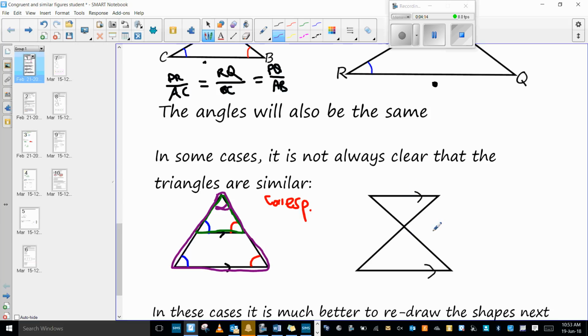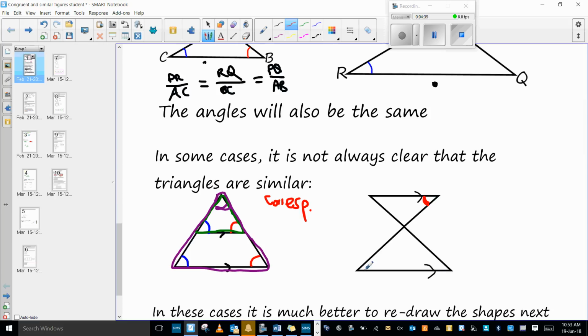People often make a mistake when they're doing these ones because whilst they think, oh yeah, they're similar, they forget which angles are the same as each other. So if I were to have this angle here, which angle on the bottom triangle would be the equivalent to this one? Bottom right? Bottom left. Do you all see that?